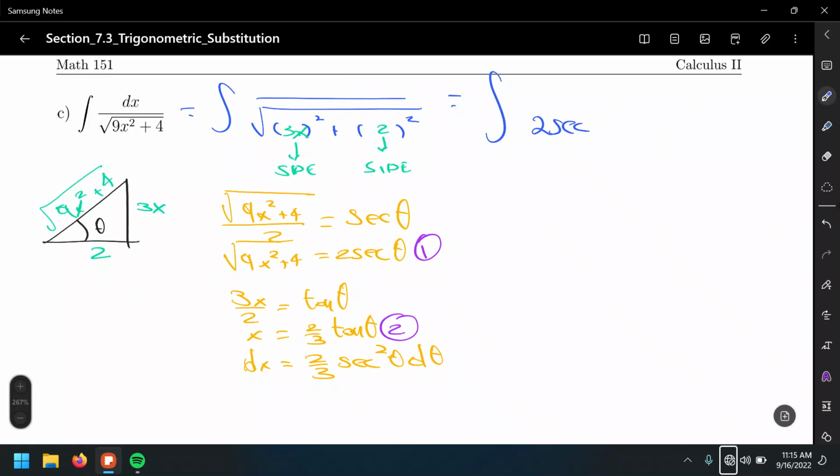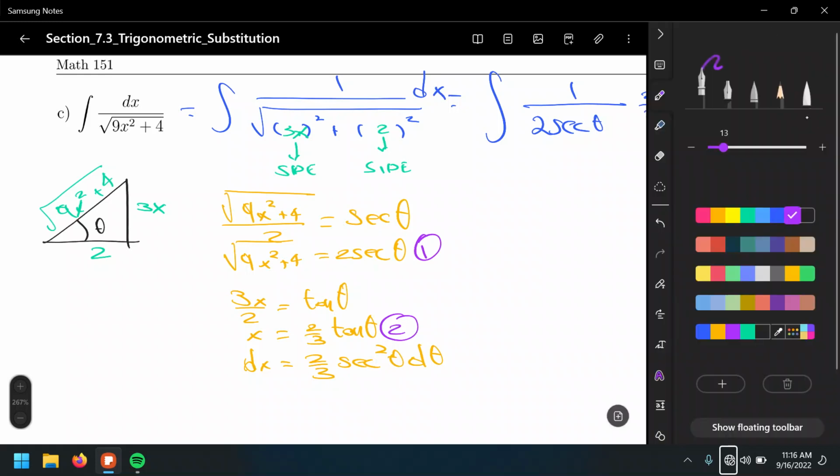Let me change this to 1 over the radical and dx, it's easier to see. So 2 secant theta, that's the 1. And what's dx? This whole thing: 2/3 secant squared theta d theta.